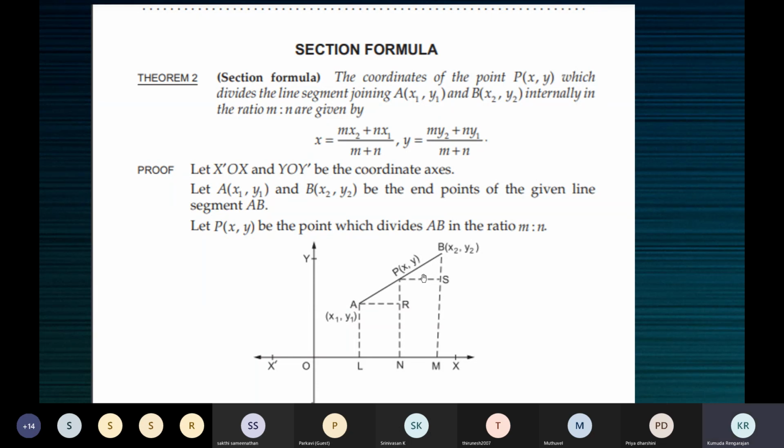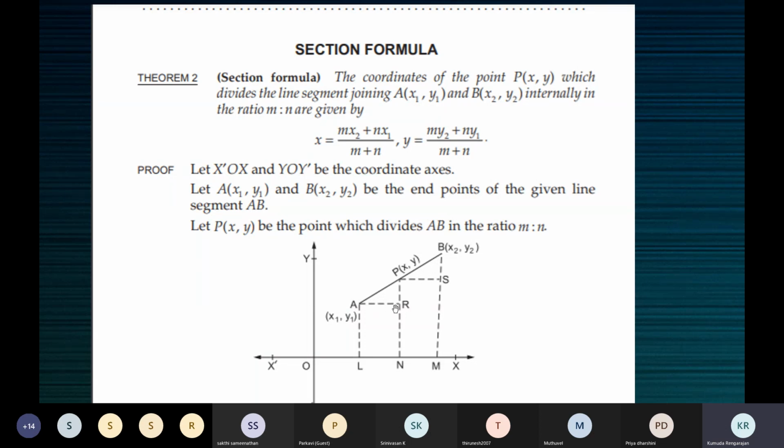Now once the triangles are similar, their corresponding sides will be proportional. You don't have to write why these two triangles are similar in this proof. Once they are similar, their corresponding sides are proportional.